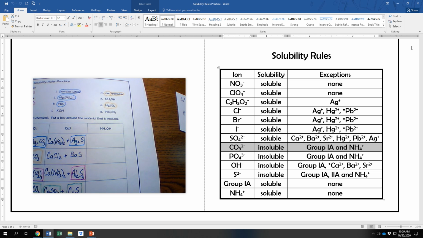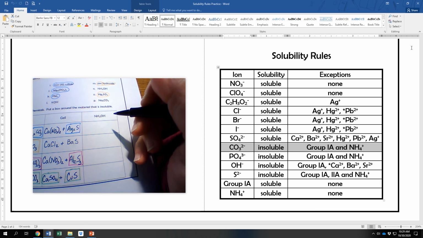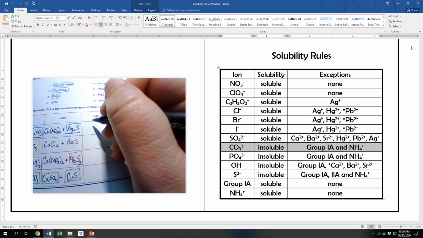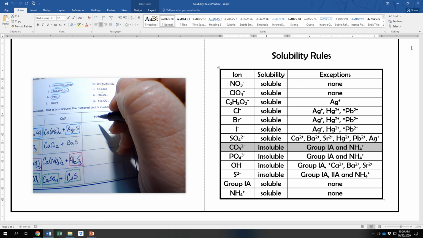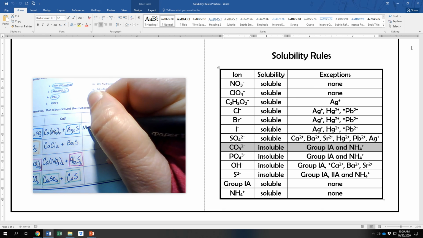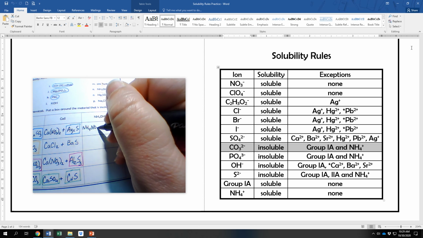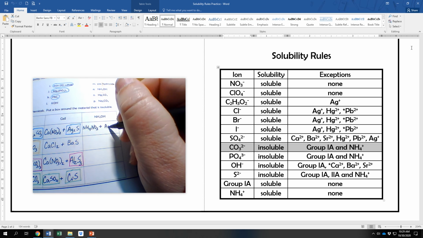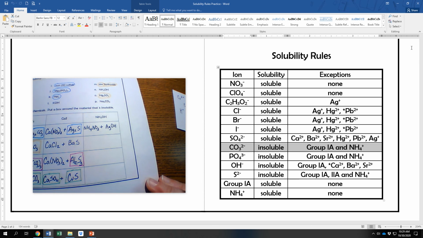And then our last one, we're going to do ammonium hydroxide. Ammonium is NH4 with a 1 plus charge. Hydroxide is OH minus. So we're going to end up with NH4NO3, which is ammonium nitrate, and AgOH, silver hydroxide.